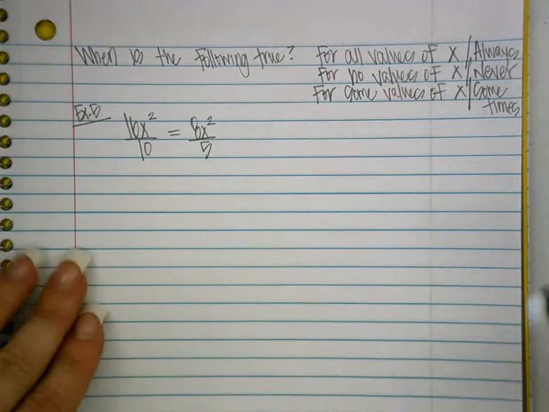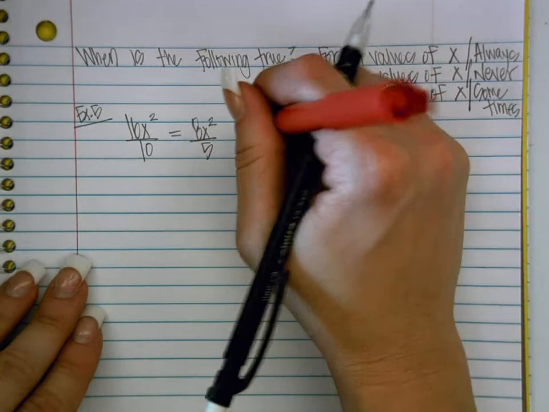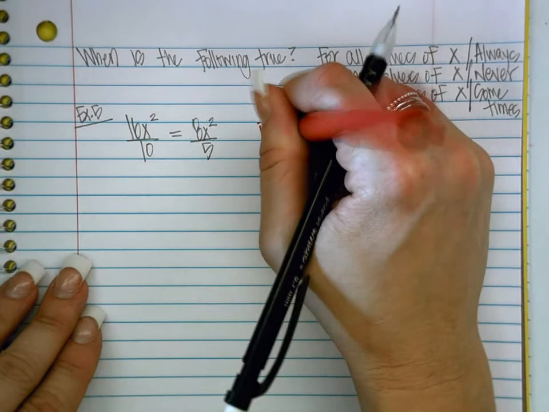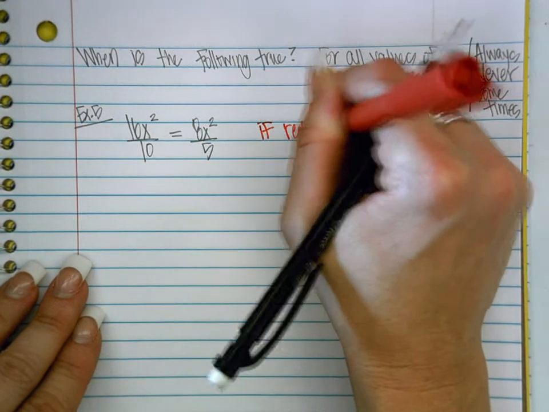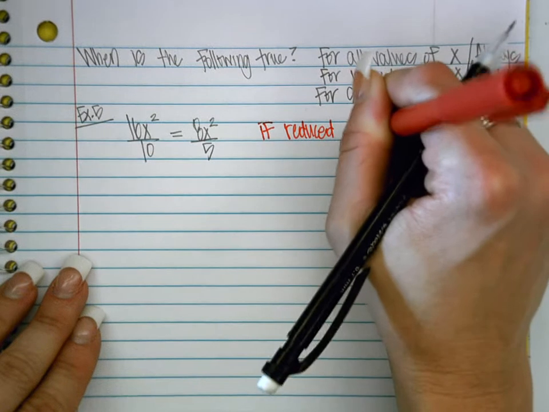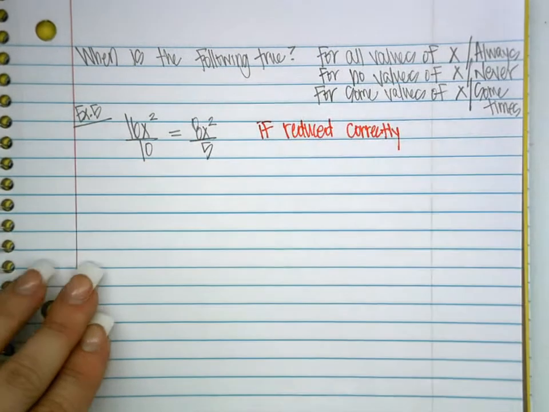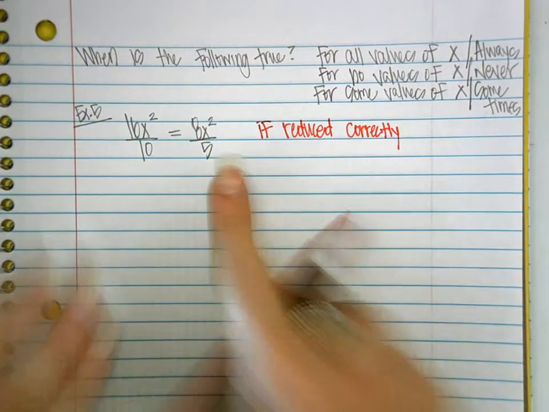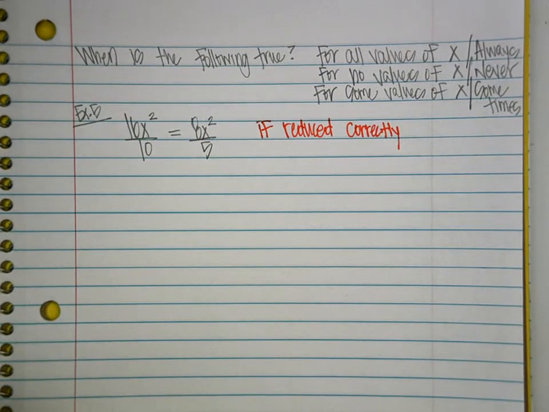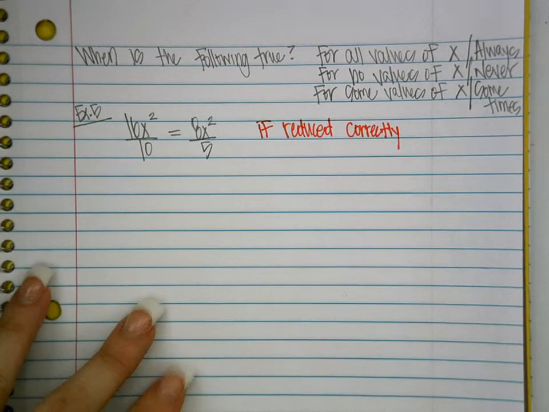So to figure that out, you need to figure out if it is reduced correctly. Okay, so first off, is this reduced correctly? First you have to check to see if it's reduced correctly.